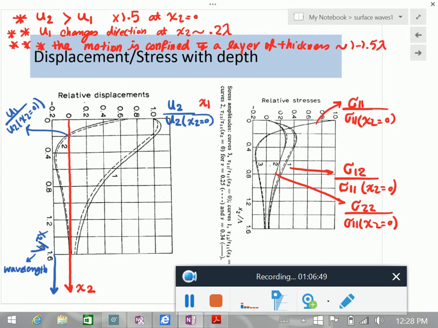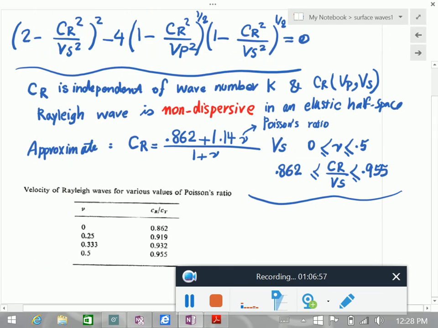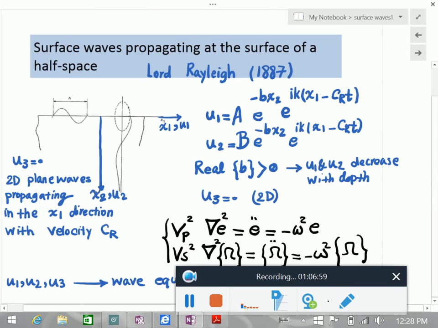Does that mean that's time zero? No, it means the surface. x2 equal to 0 is here. This has nothing to do with time. This is at every time. Because it's always on the surface.